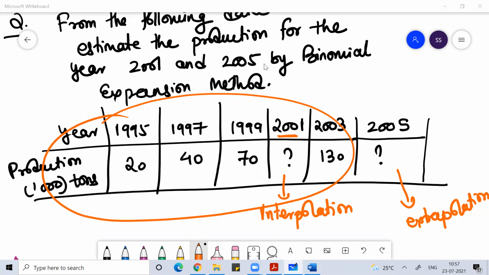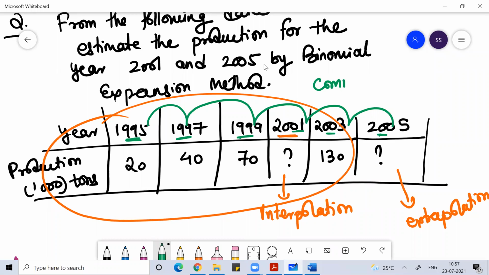So in the book it is given that whenever we follow the binomial expansion method, the consecutive years should be in AP. They should have a common difference.